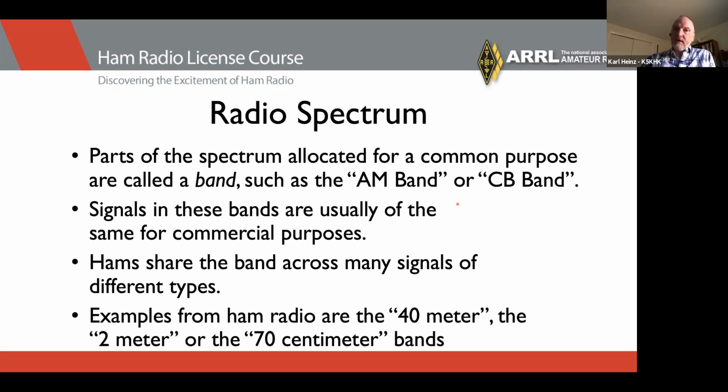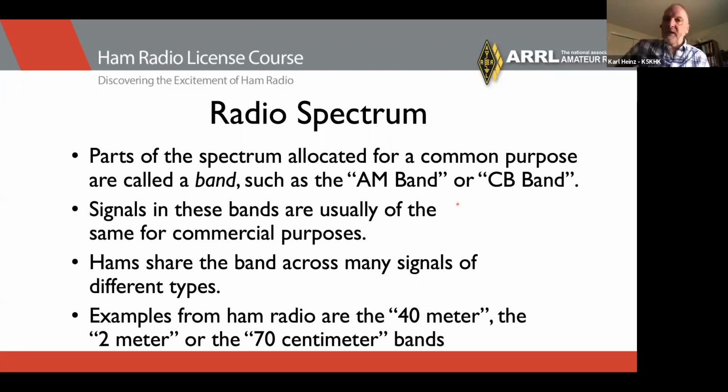Here's a little bit more about names of commercial bands. So as I mentioned, the AM band, the FM commercial radio band, the CB band, these are all bands that we kind of know what they are.